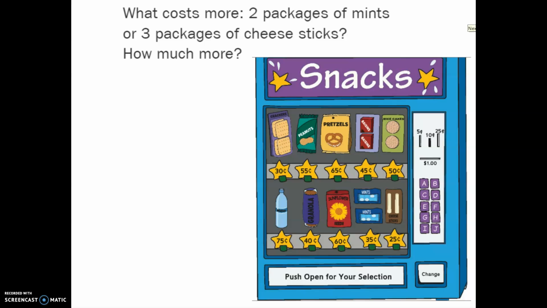What costs more? 2 packages of mints or 3 packages of cheese sticks, and how much more? And remember, it helps to read the problem more than once. So I want to know what costs more. Is it going to be 2 packages of mints or 3 packages of cheese sticks? Well, first I need to find out how much these things are going to cost.